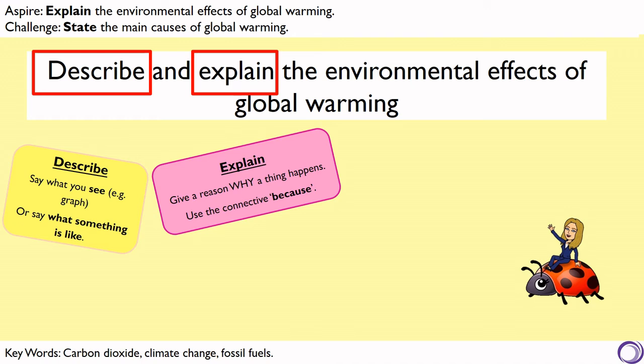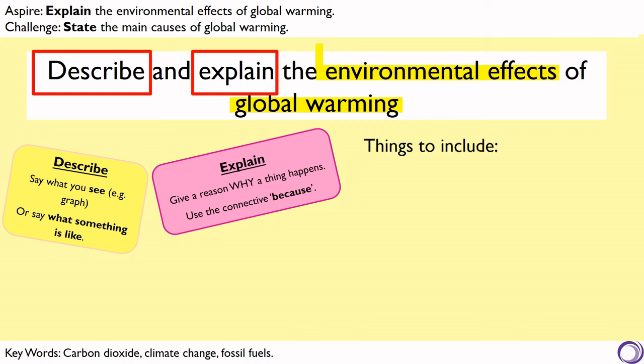And in an explain question, it's really important we use the connective because. And we're going to describe and explain the environmental effects of global warming. Now, to do that, I am going to give you a few things to include.